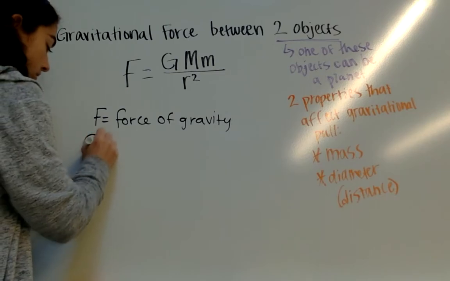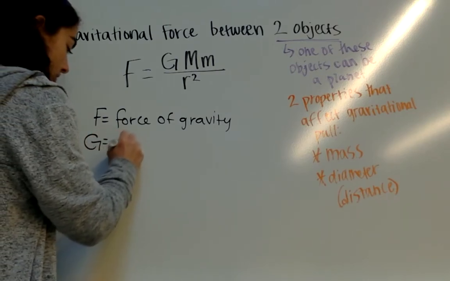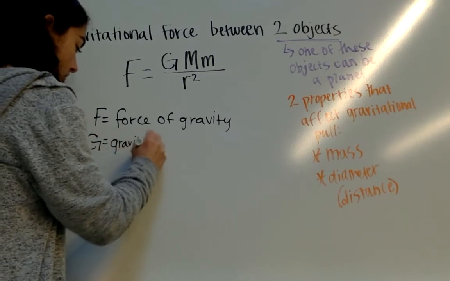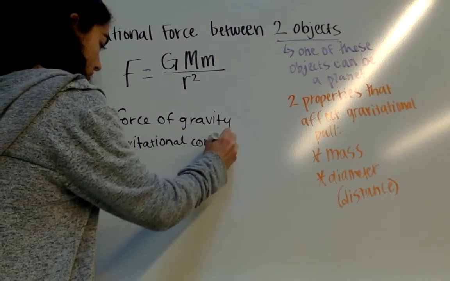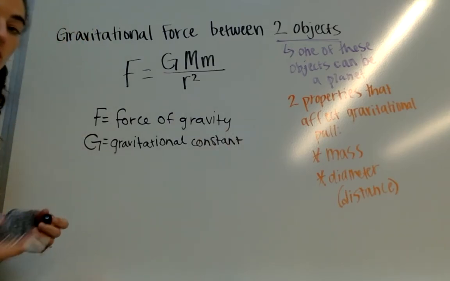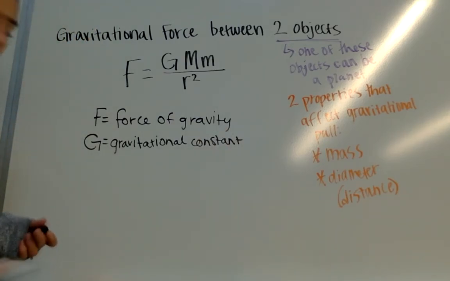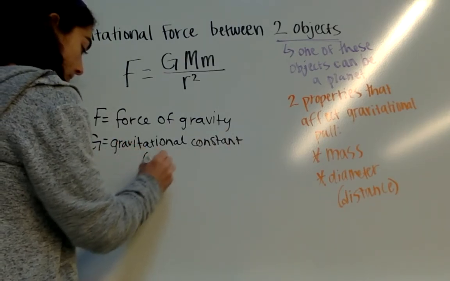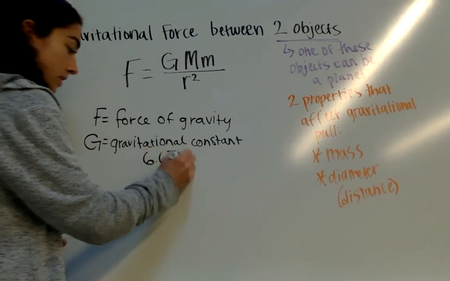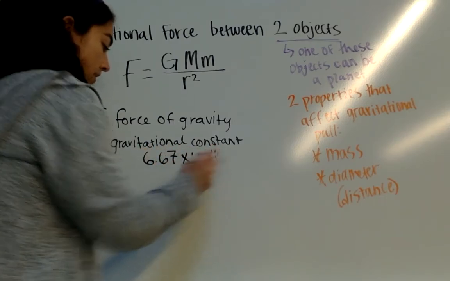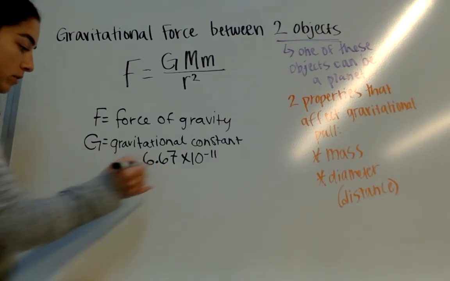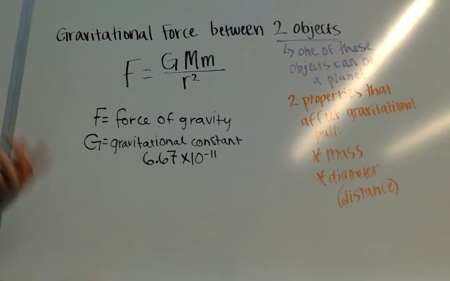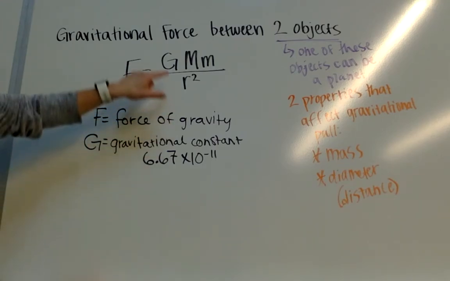G is a gravitational constant. It never changes. It's always going to be 6.67 times 10 to the negative 11th. That is the number it's always going to be. So if I ever asked you to calculate something, you would always plug that in for G.